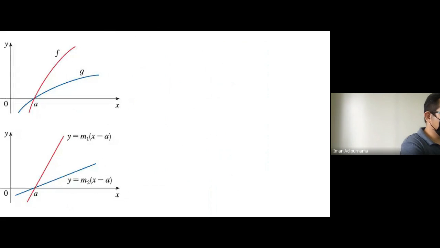It seems that the proportions, like I said before, when we get closer to a, it's the same as the slope. Now, how do we make a simple proof that this is actually true?